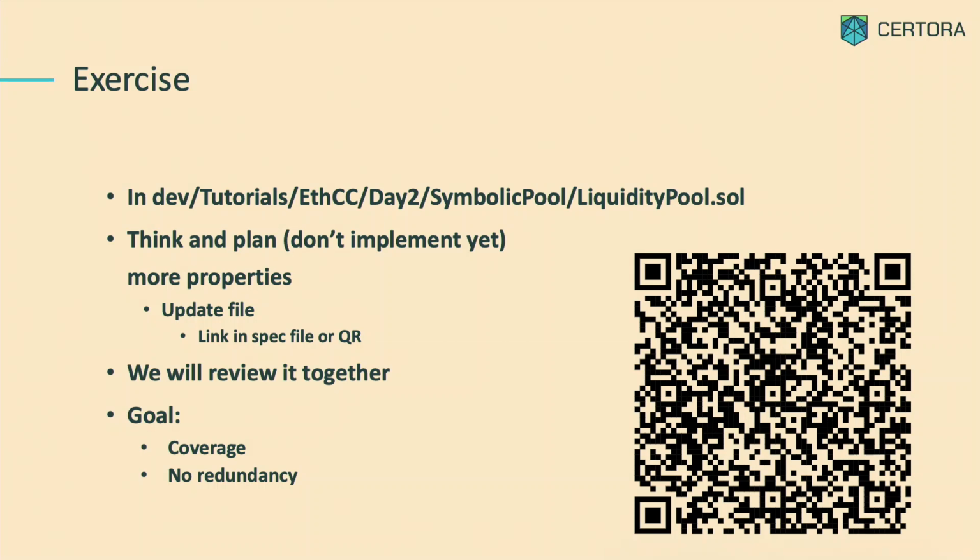So let's take about 20-30 minutes to go over the contract. Again, don't look too much, just design and write your properties in English, and then I would like to discuss it. This will be the contract that we will be working on today.